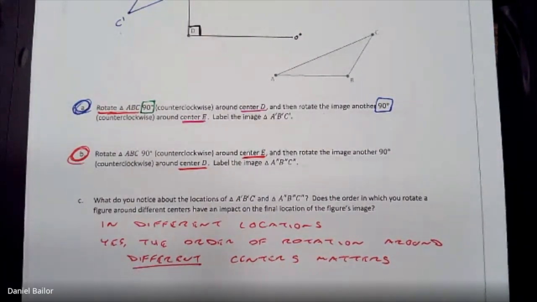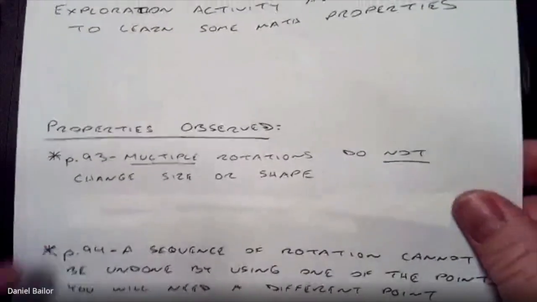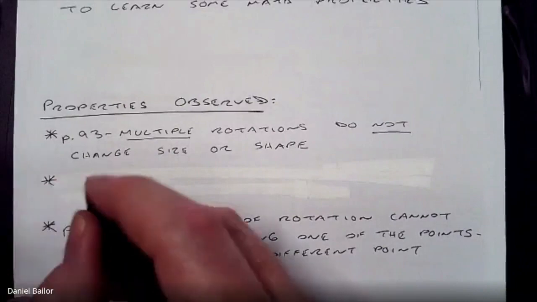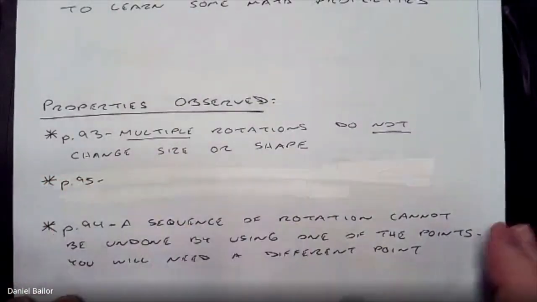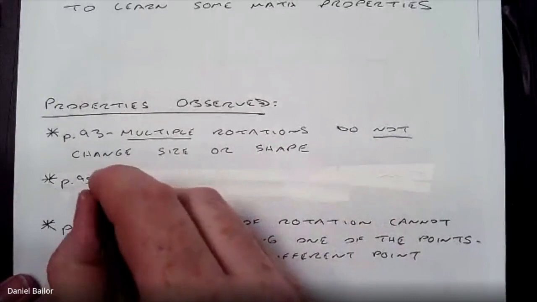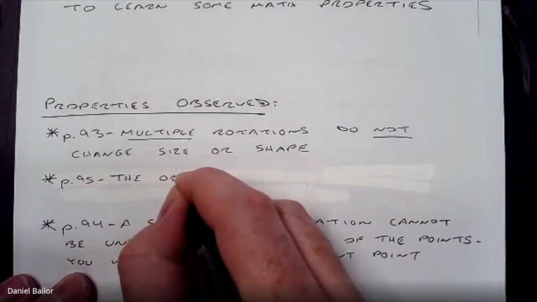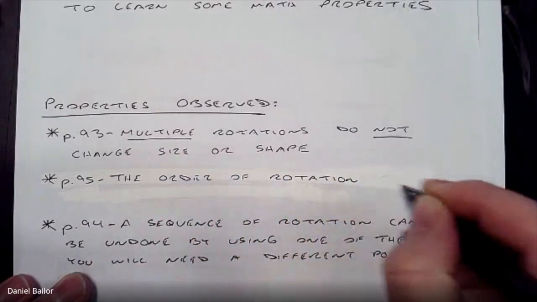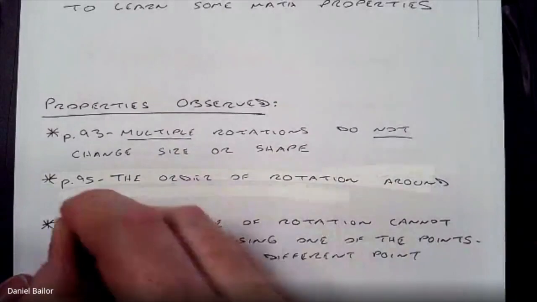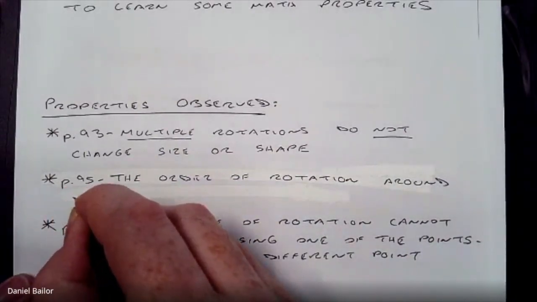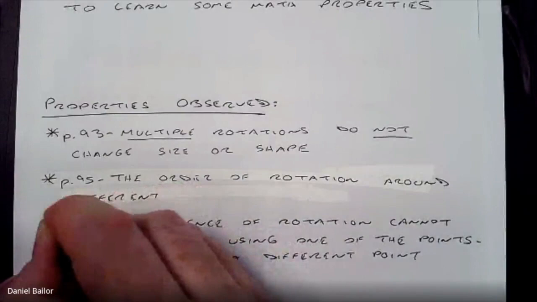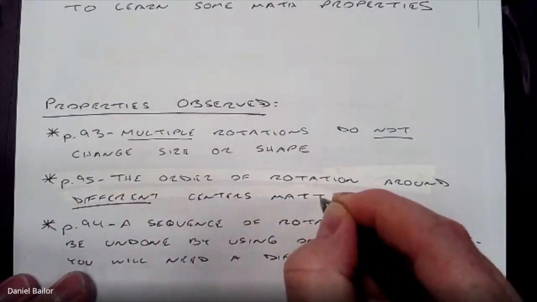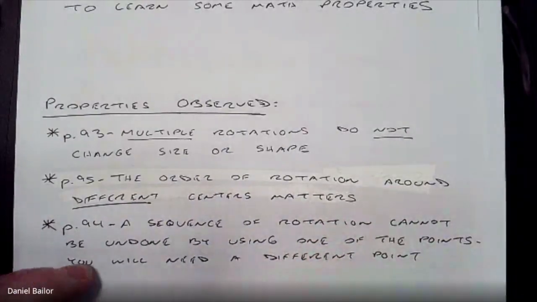So I'm going to go back to my note page. And right here in the blank I left, page 95 taught us the order of rotation around different centers matters.